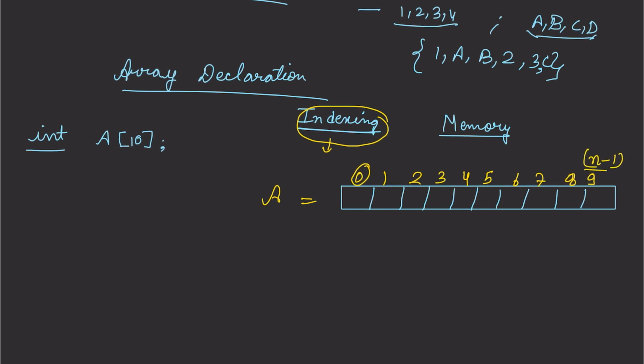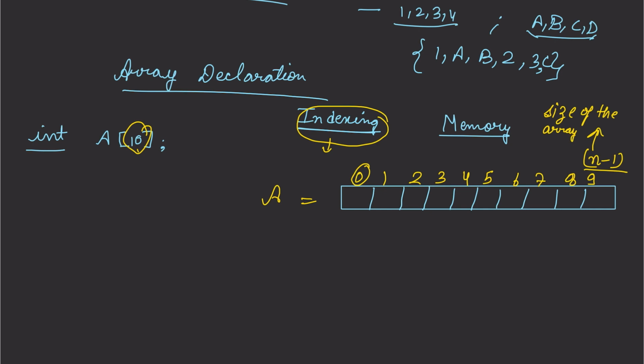Here n is the size of the array that we have declared. Now, how to assign values to the array? Here we have declared it.